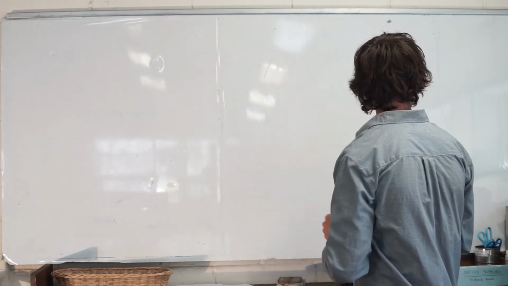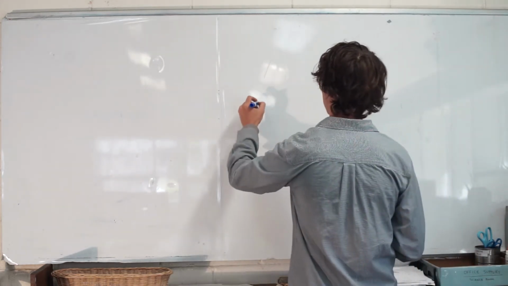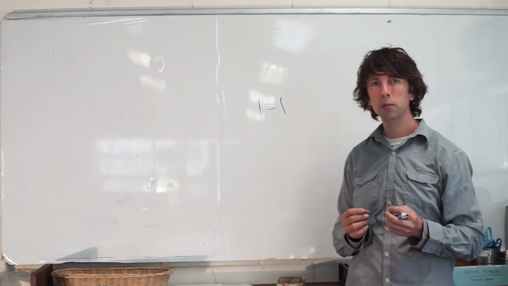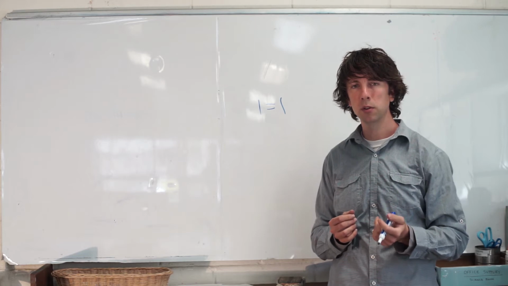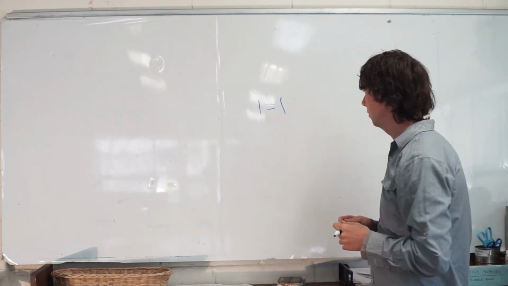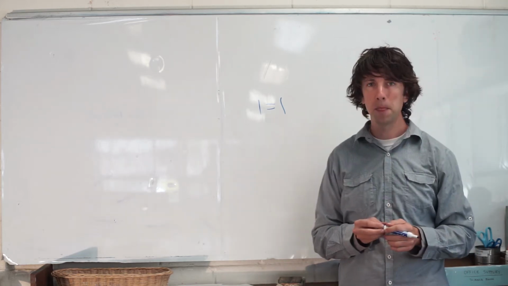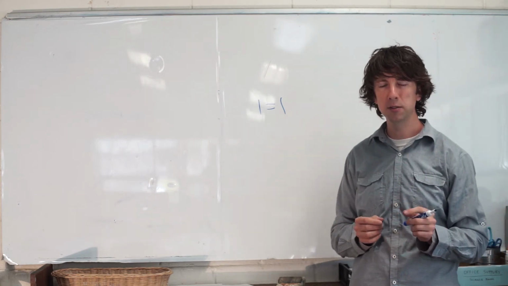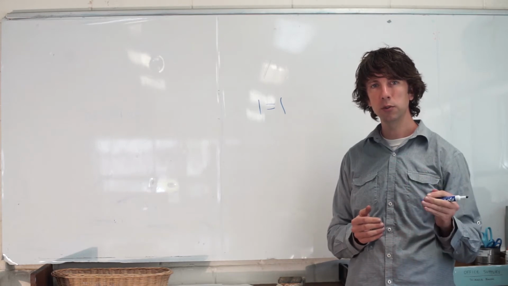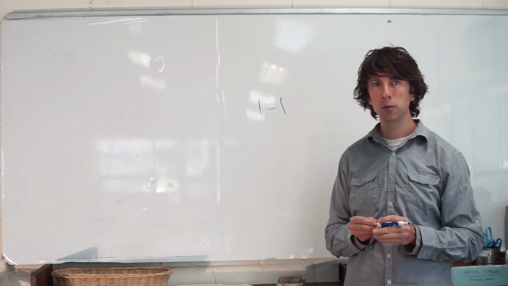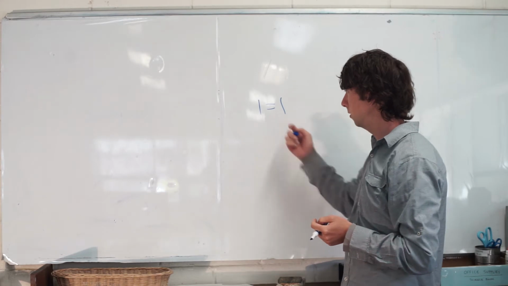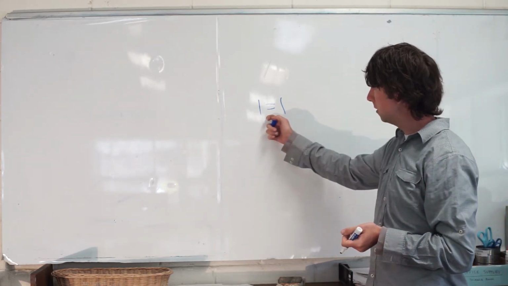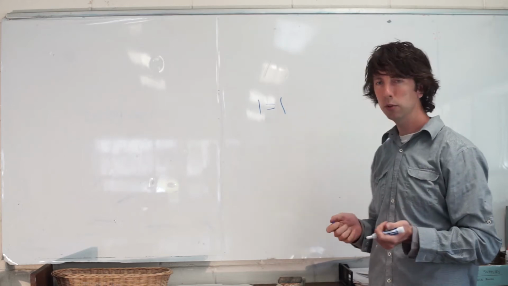So consider the equation 1 equals 1. Now, if I told you find the value of that equation, what would you do? It's not immediately clear, right? So it turns out that equations have values, and those values are either true or false. So in this equation, we can see clearly both sides are the same, and the equals sign means that both sides should be the same, so it's a true equation.